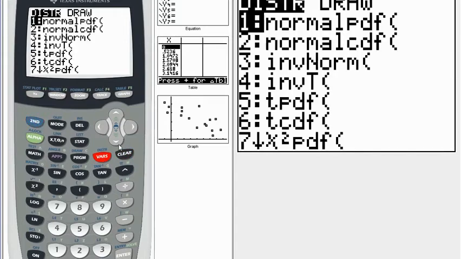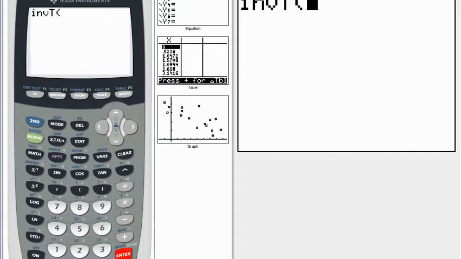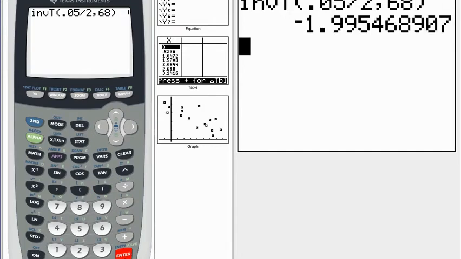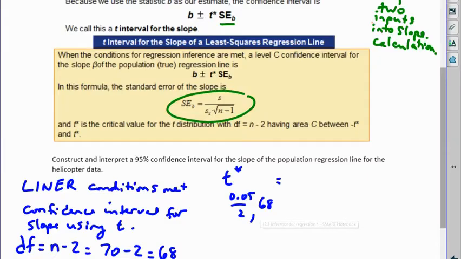And so bringing up the calculator so we can see that value. Negative 1.9954689, and so bring that over. Of course, I'll just call it positive.